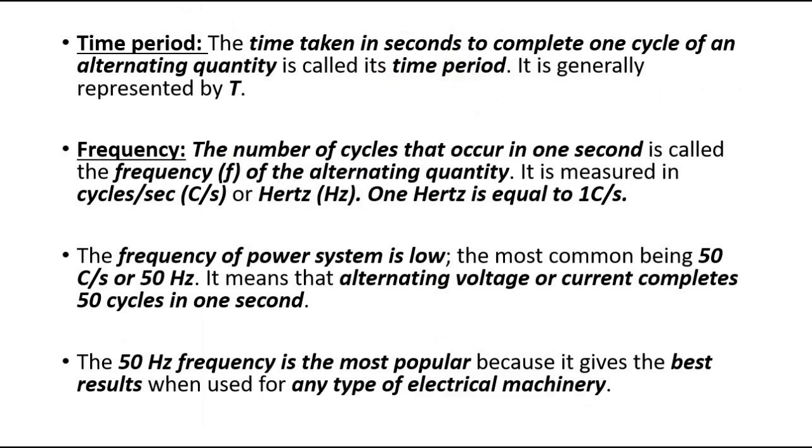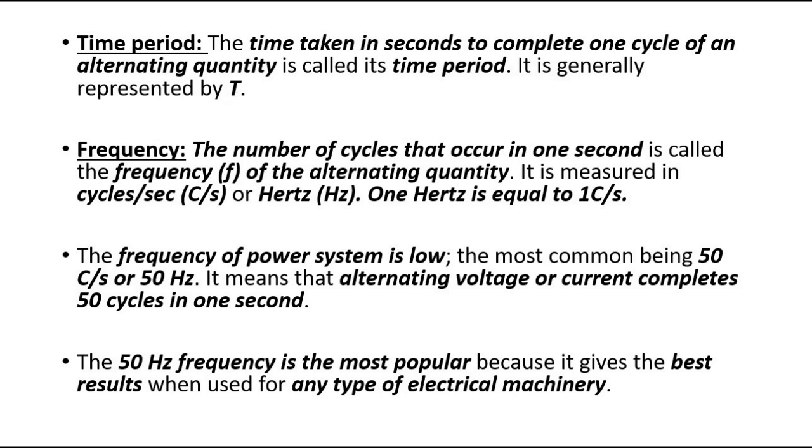It is the time taken by the signal waveform to complete one full cycle, starting from 0, positive half cycle, again back to 0, negative half cycle. The time taken for that one full cycle is called the time period. It is represented by T.